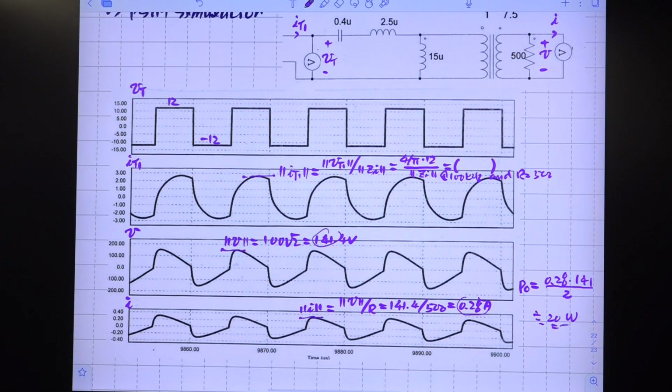Okay, so the desired rated power was 21. Okay, so this is the end of section 10, and this will be a good review of the technical content covered in section 10. All right. Okay. So we move to the next one.